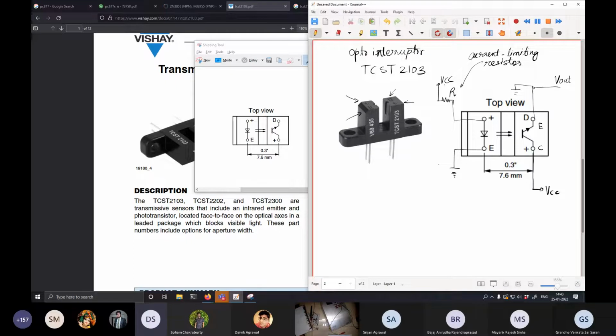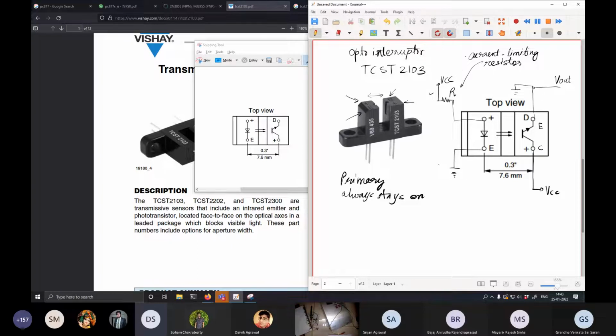This circuit will always be connected like this. The primary will always stay on. When this gap is open, meaning nothing is inserted into the gap, the LED is shining onto the photodiode, as a result of which it's completing the circuit on the secondary side.